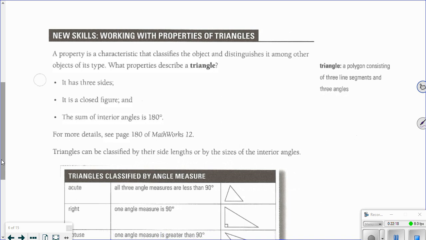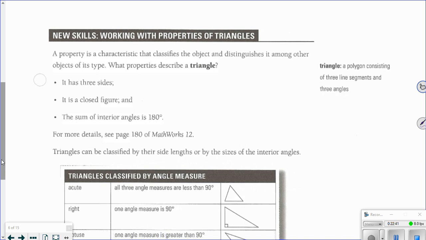A property is a characteristic that classifies the object and distinguishes it among other objects of its type. So what properties describe a triangle? All triangles have three sides. All of them are a closed figure, and when you add up the interior angles, they add up to 180 degrees. That's true for all triangles.